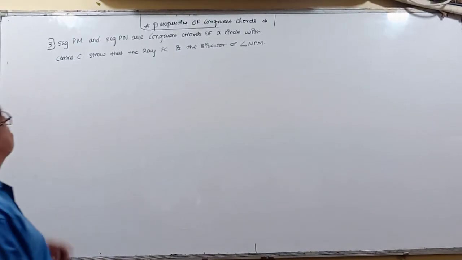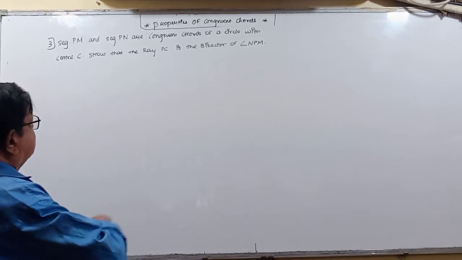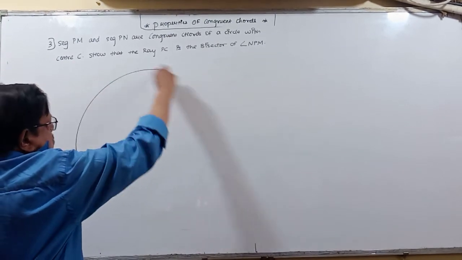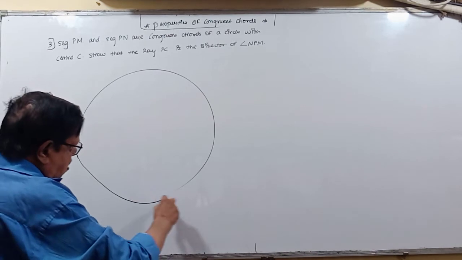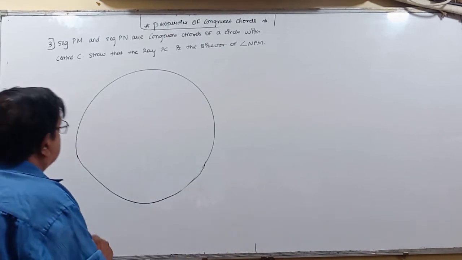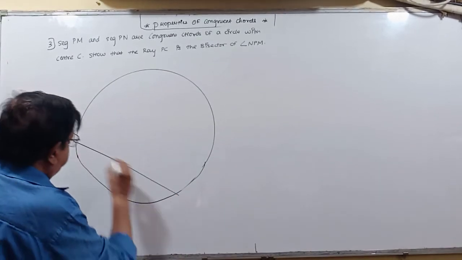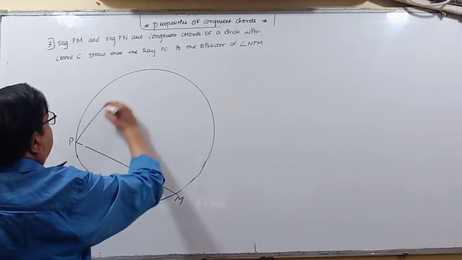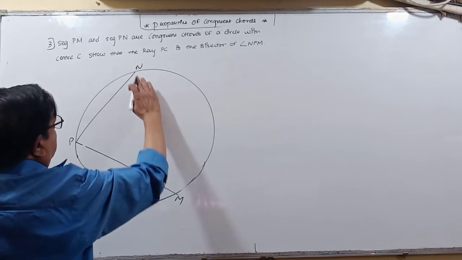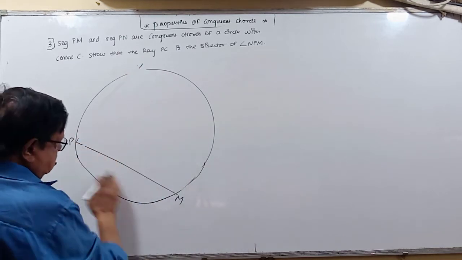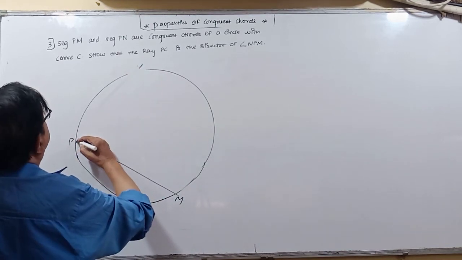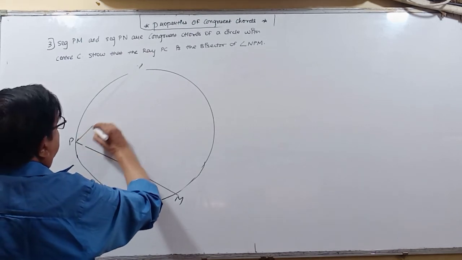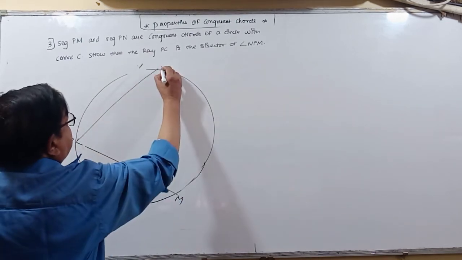Alright students, we will draw the diagram so that it will help you to understand the problem. There is a circle, chords PM and PN.